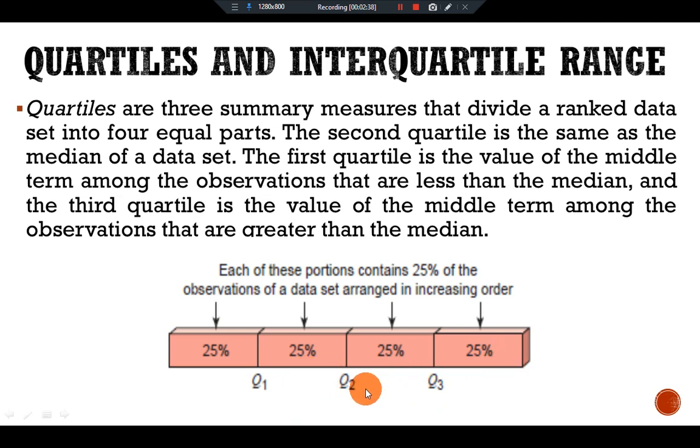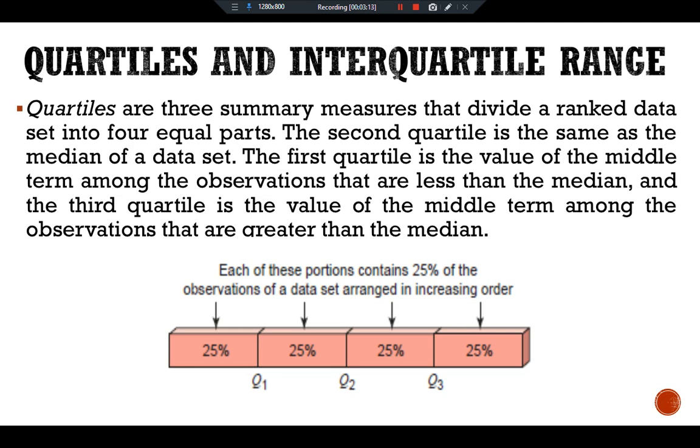The second quartile, Q2, divides the ranked data set into 2 equal parts. So here we have 50% of data less than Q2 and 50% of data higher than Q2, and approximately 75% of values are less than Q3 and about 25% are greater than Q3.